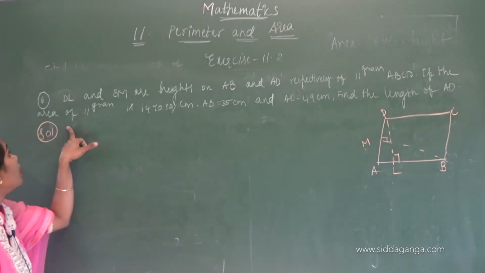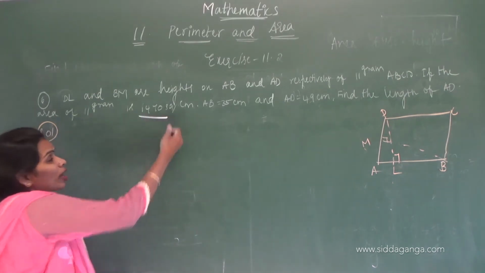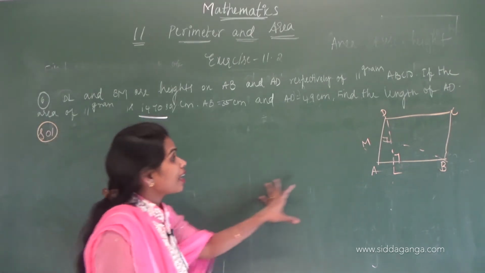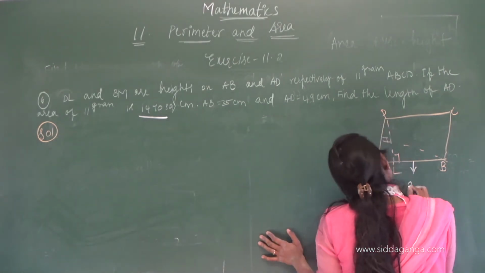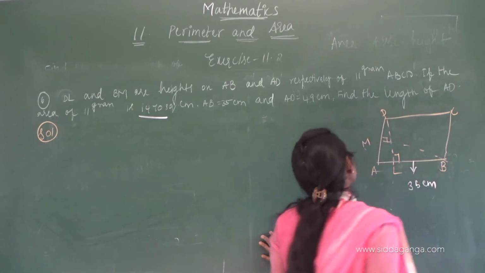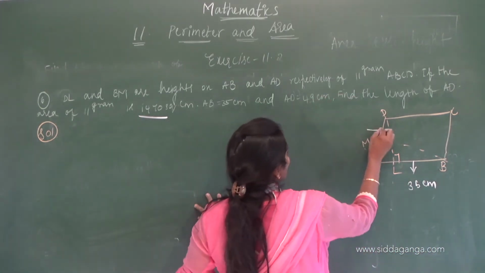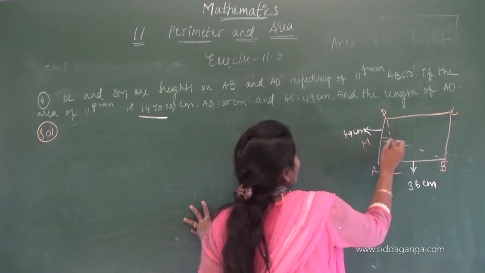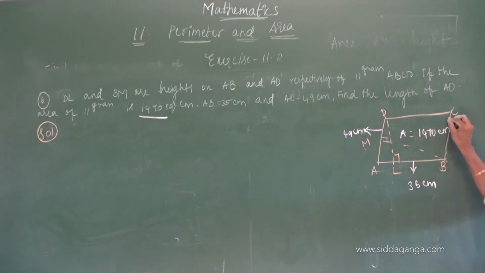If the area of a parallelogram is 1470 square centimeters, AB equals to 35 centimeters and AD equals to, bases they are giving, 49 centimeters. Area equals 1470 centimeters square.